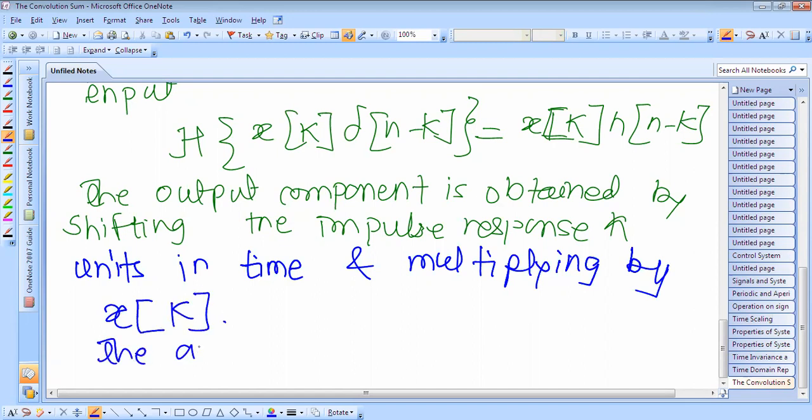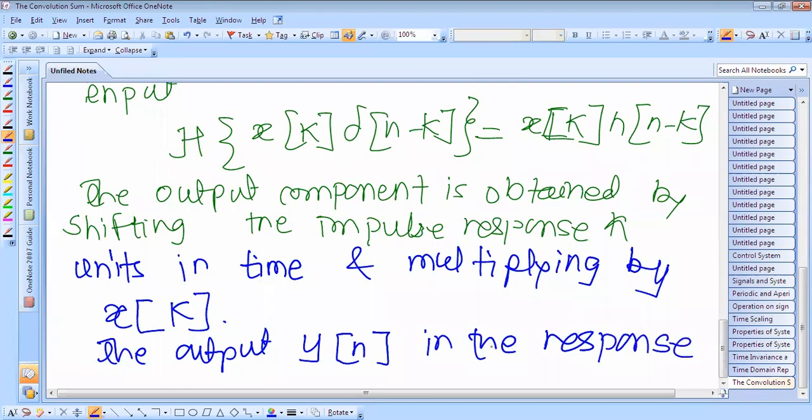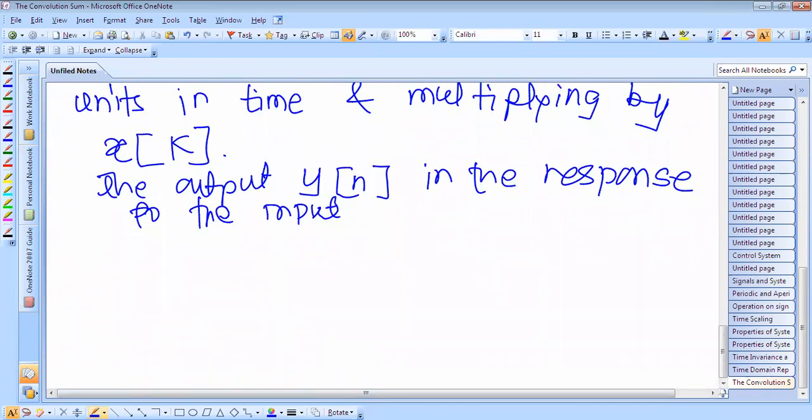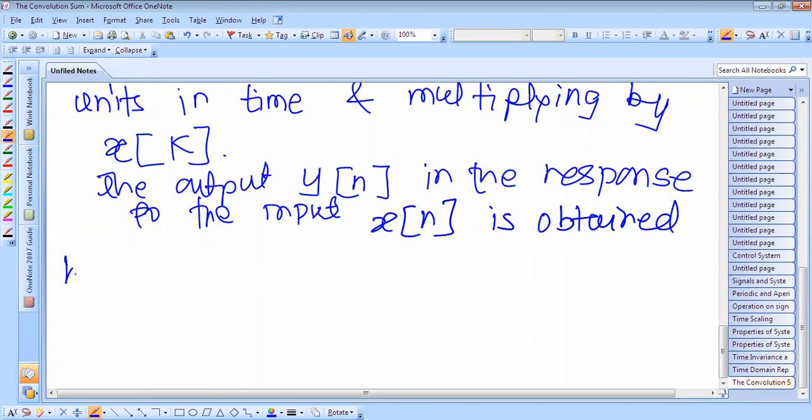Therefore, the output y of n in response to the input x of n is obtained by summing all the individual outputs.